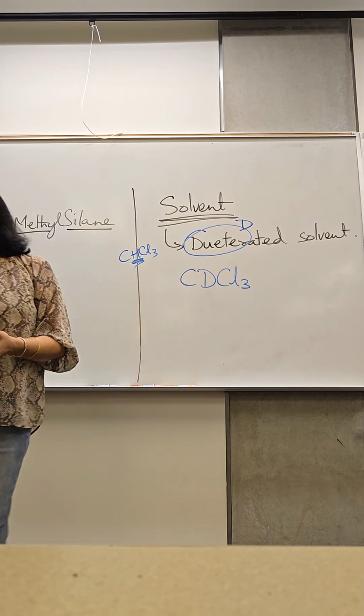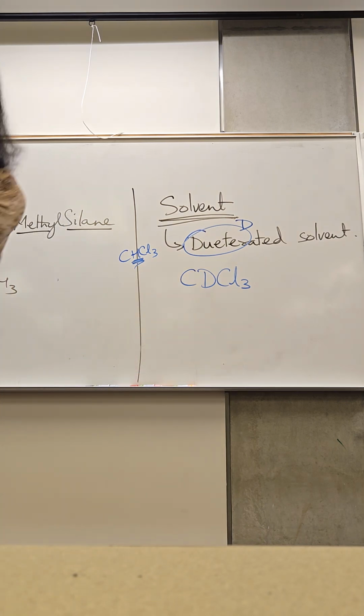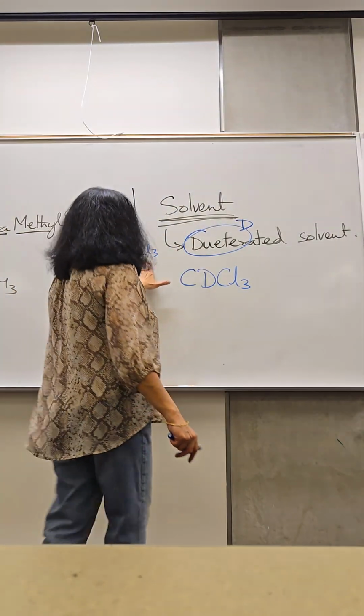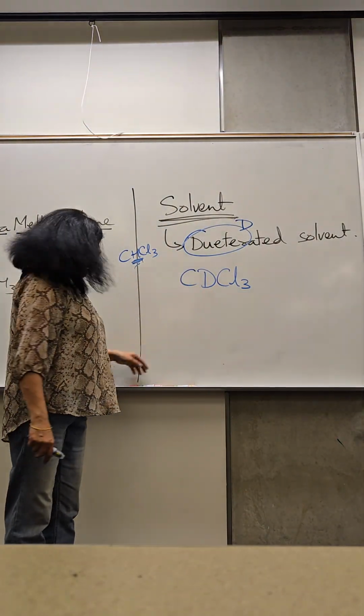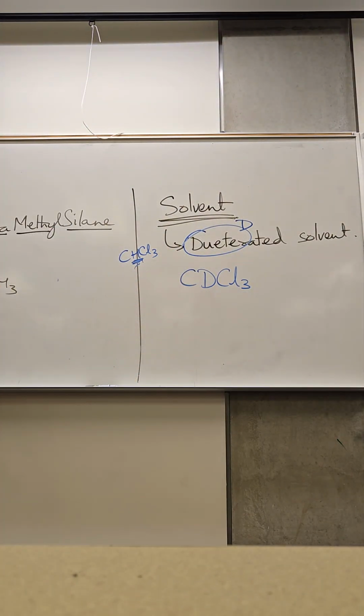But is it possible to have some tiny concentration, maybe 0.5% or so, of the protonated form in the deuterated? Unfortunately, yeah. So we might see a solvent signal too. Chloroform typically shows up around 7.24, 7.3 parts per million.